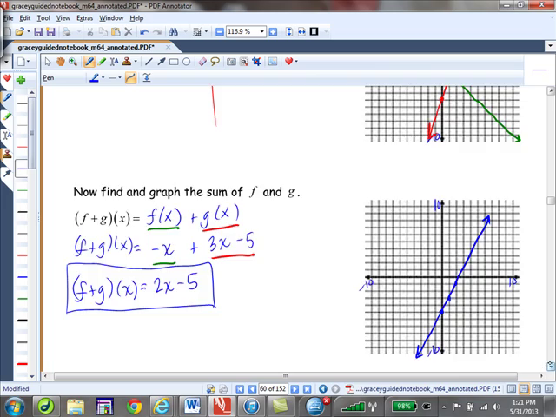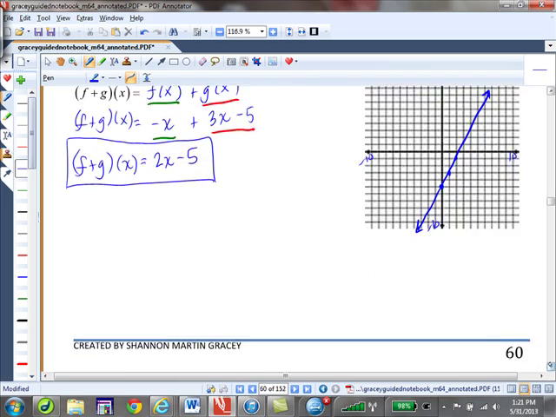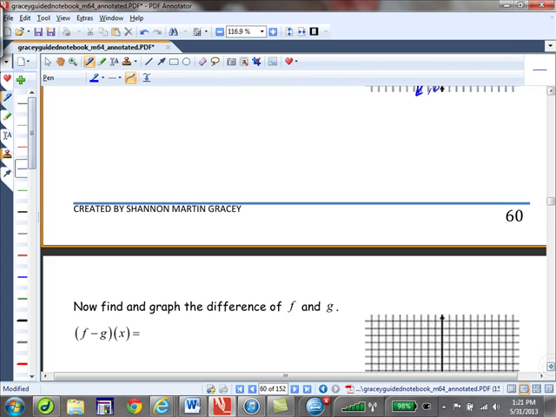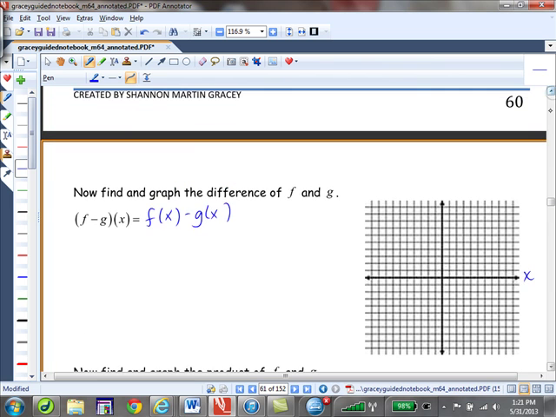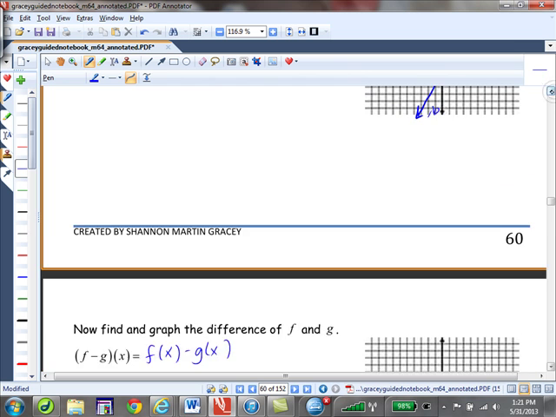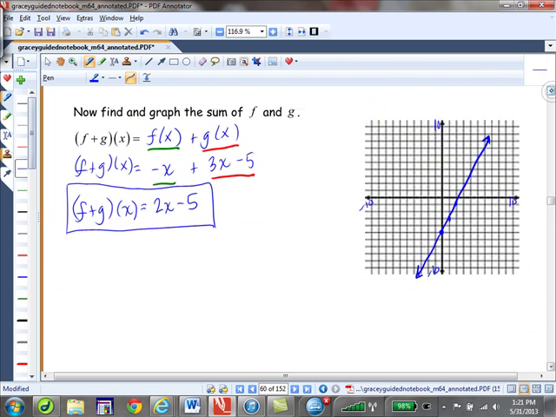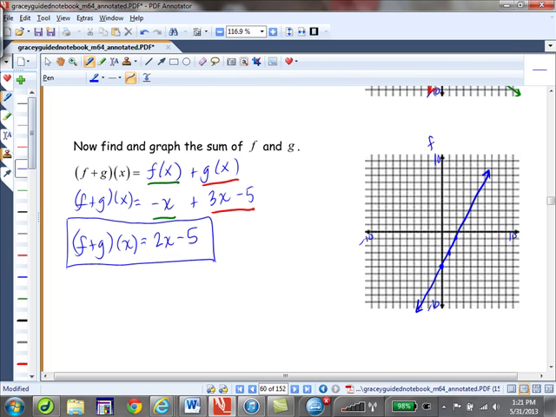Now, similarly, we could do the same thing, looking at the difference of functions, or we can go ahead and directly evaluate it like this. So f at x minus g at x. Actually here, since we combined them and only had one graph on the graph from before, why don't we go ahead and label this guy f plus g at x.